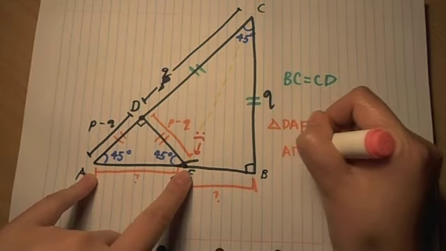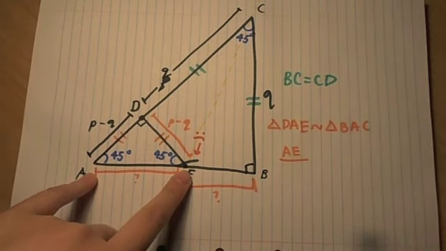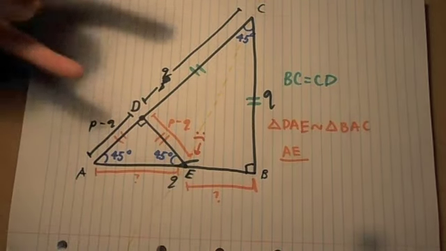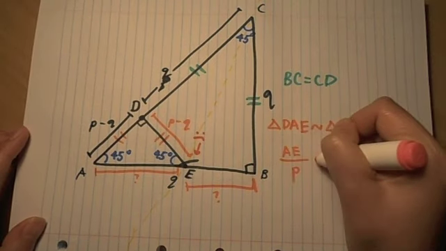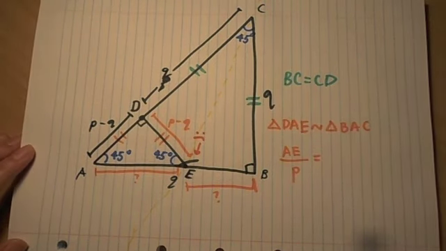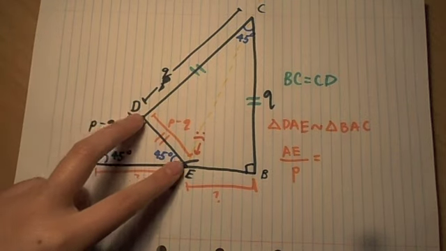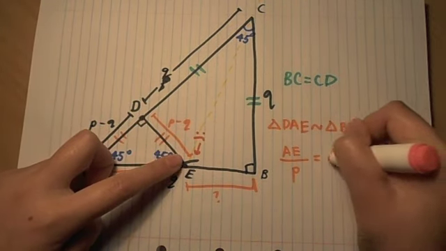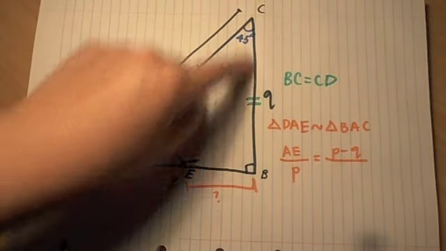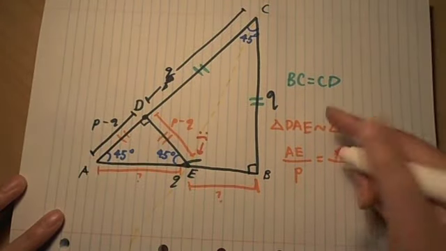So AE, which is the hypotenuse of the small triangle, divided by AC, which is the hypotenuse of the big triangle, that equals p, has to equal DE, so one of the sides of the small triangle, which equals p minus q, divided by BC, which is one of the sides of the big triangle and equals q.